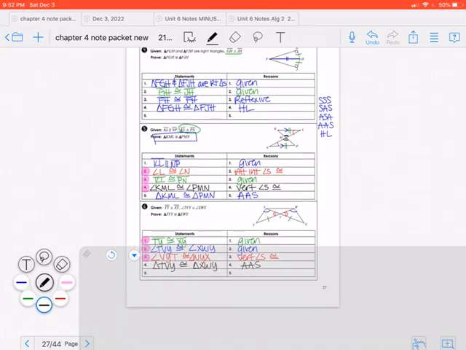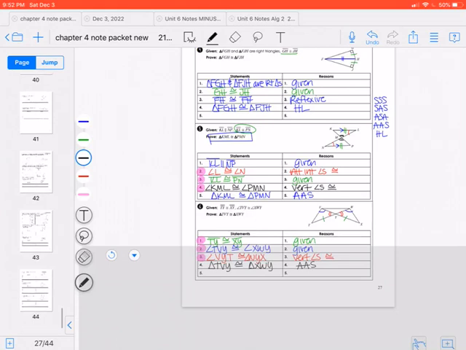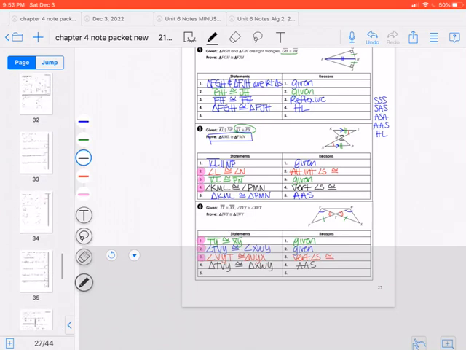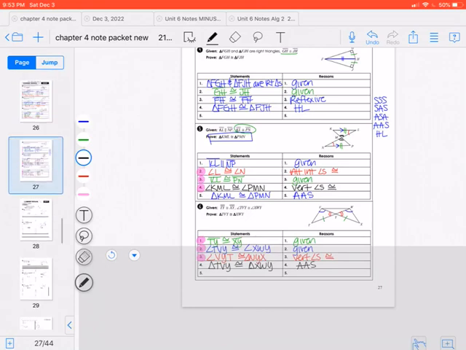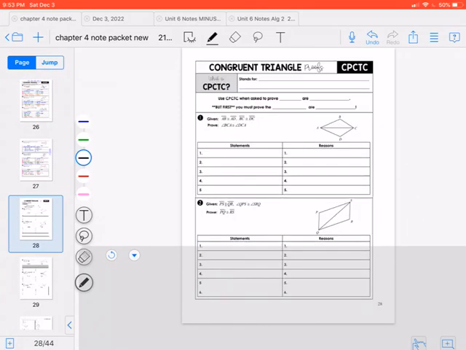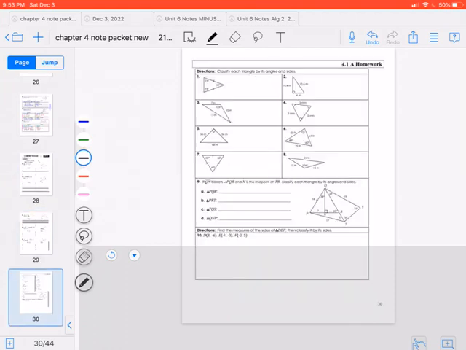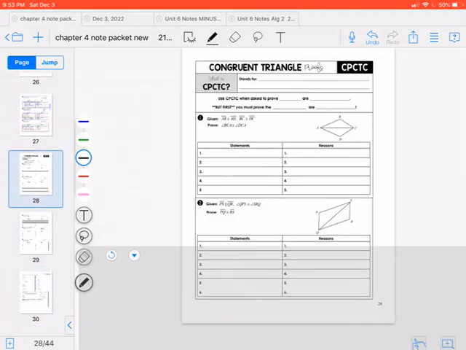I just want to look and see the homework because if you notice, there's 2 more pages. Let me just go back to where I was. There's 2 more pages, but I think we're going to save this section for another day.